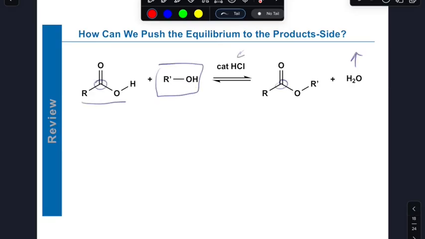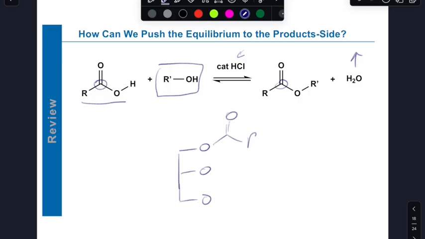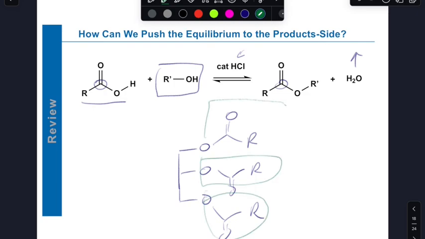Just a data point, you may have heard of something like biodiesel. Now remember, biodiesel, if you've seen them, what we have is triglycerides. These are fats, like vegetable oils and things like that. What we have is glycerol and these long chain fatty acids. These carboxylic acid fatty chains are what actually make up things like cell walls.